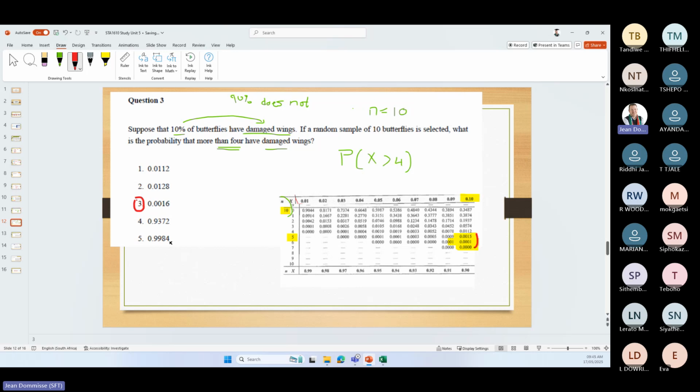Okay, so if you had maybe said smaller than 5, you would have added all of those from 0 to 4, which would have given you option 5.